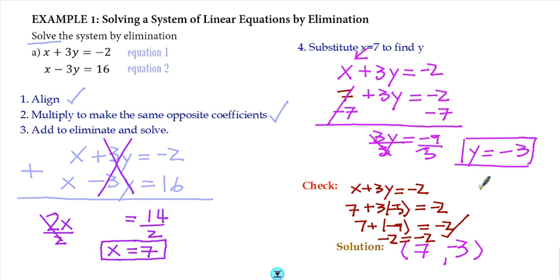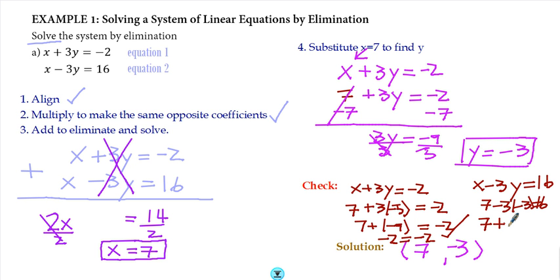And you have to check with the second one. If you have x minus 3y is equal to 16. x is 7, so 7 minus 3 times y, which is negative 3, equals 16. Sorry, it looks messy here, but then I have 7, and this is negative 3 times negative 3, which is 9.